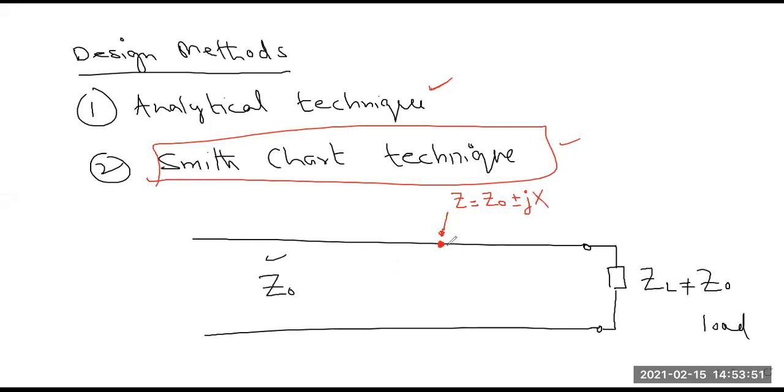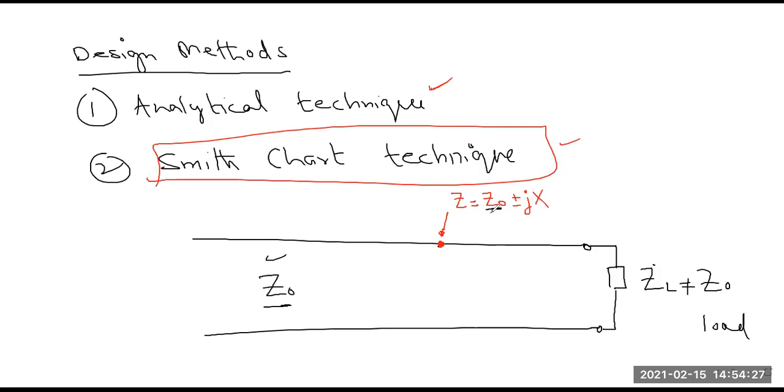What is the special thing about this point? At this point, the real part of the impedance is equal to the impedance that I want to match my load with. The imaginary part, which I have represented as either plus Jx or minus Jx, doesn't matter. I am not interested right now whether at this point the imaginary part is plus Jx or minus Jx.